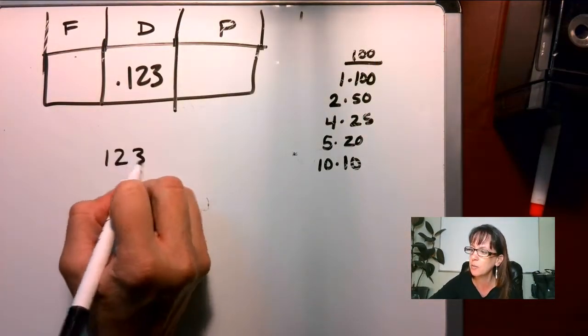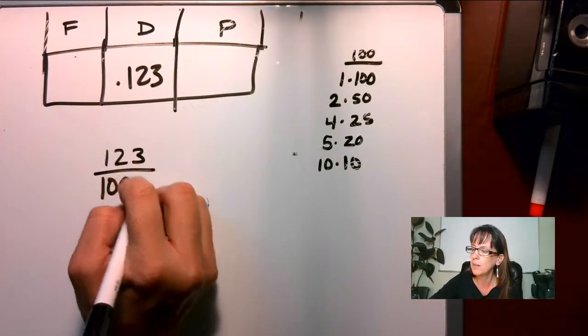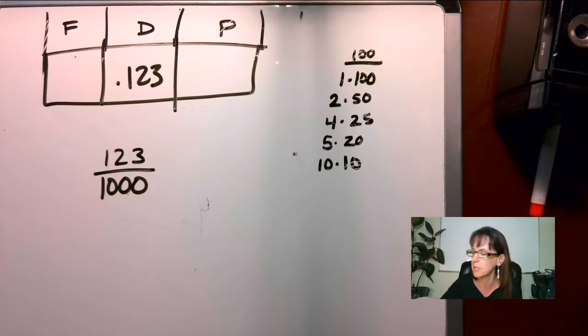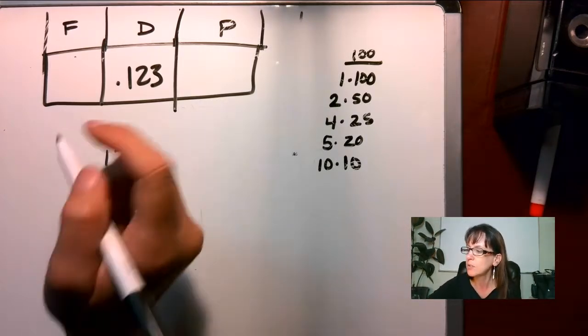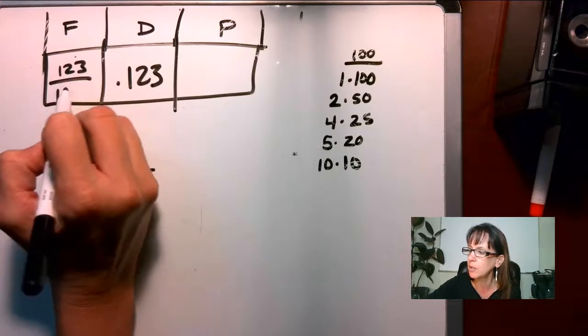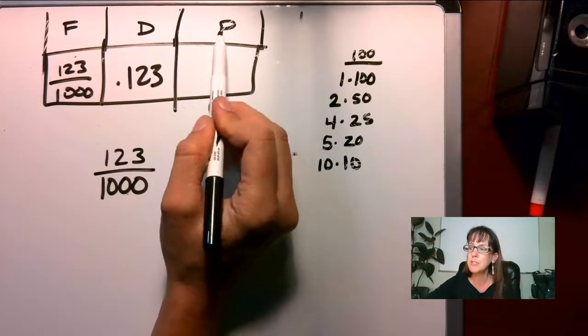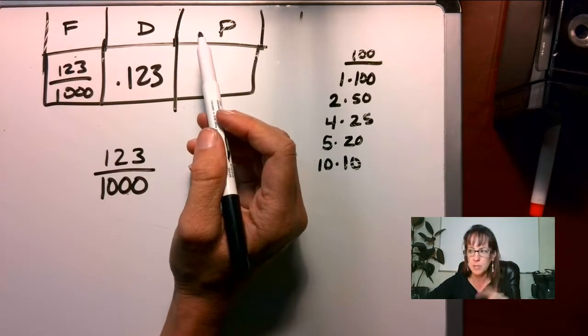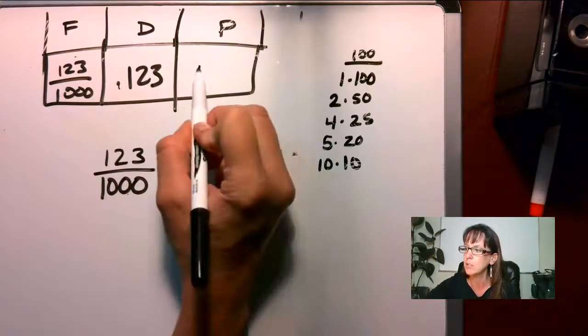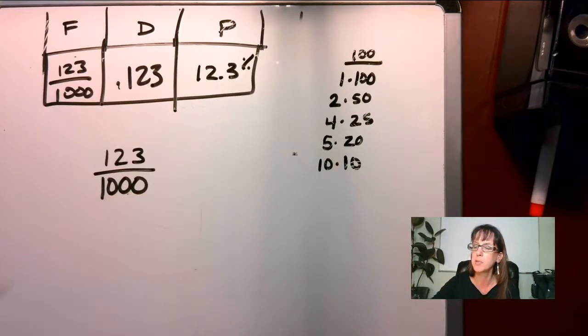That's 123 over 1,000. And I'm going to tell you right now, you can't reduce that. So you're in luck. Okay, so that would be 123 over 1,000. For our percent, remember there are 2 dots and a percent sign, so we're going to go and we get 12.3%.